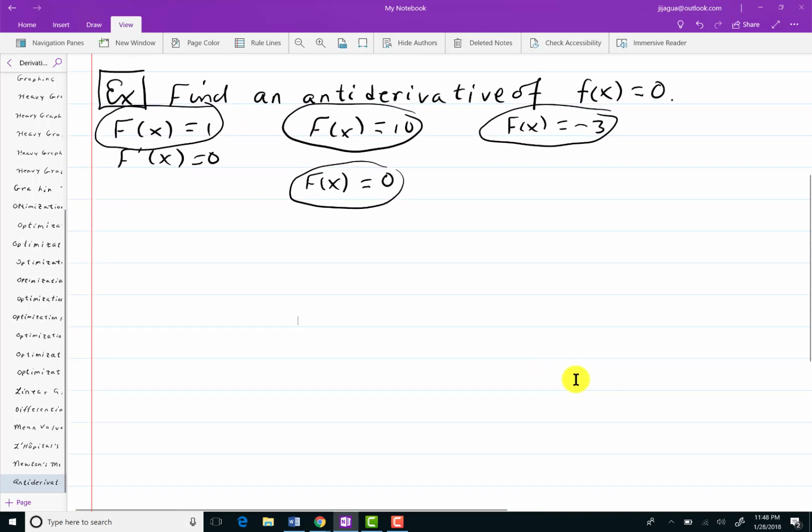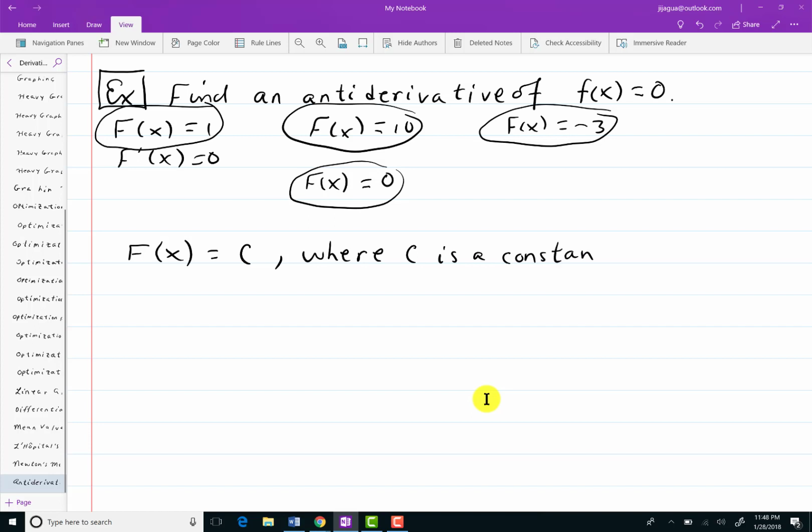In fact, if capital F of x equals any real number, its derivative is 0. So many times we will simply write capital F of x equals c, where c is a constant, and leave it at that. That takes care of any possible number. If I just say c, I'm allowing for literally any real number to be a possible answer.